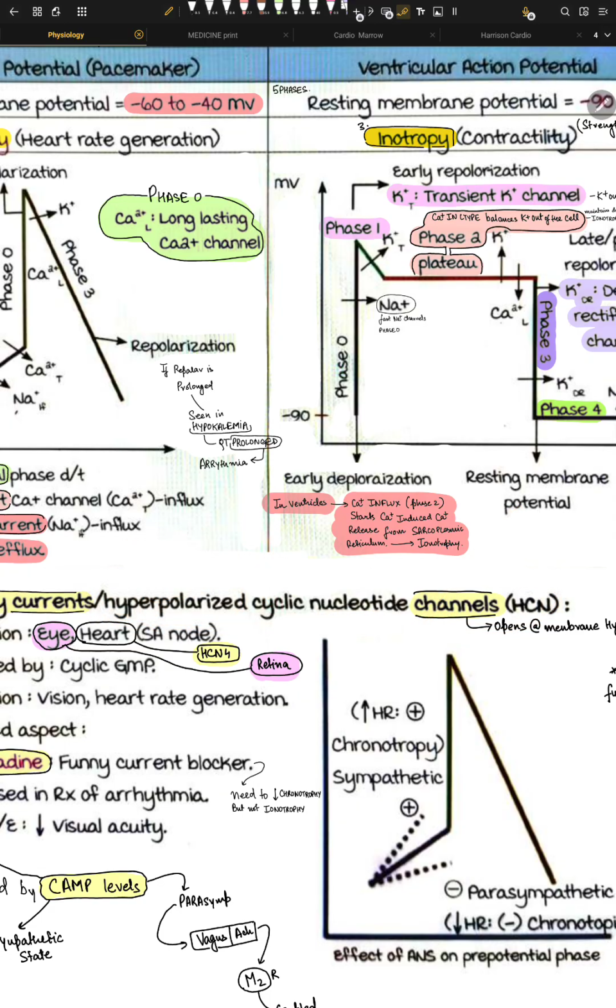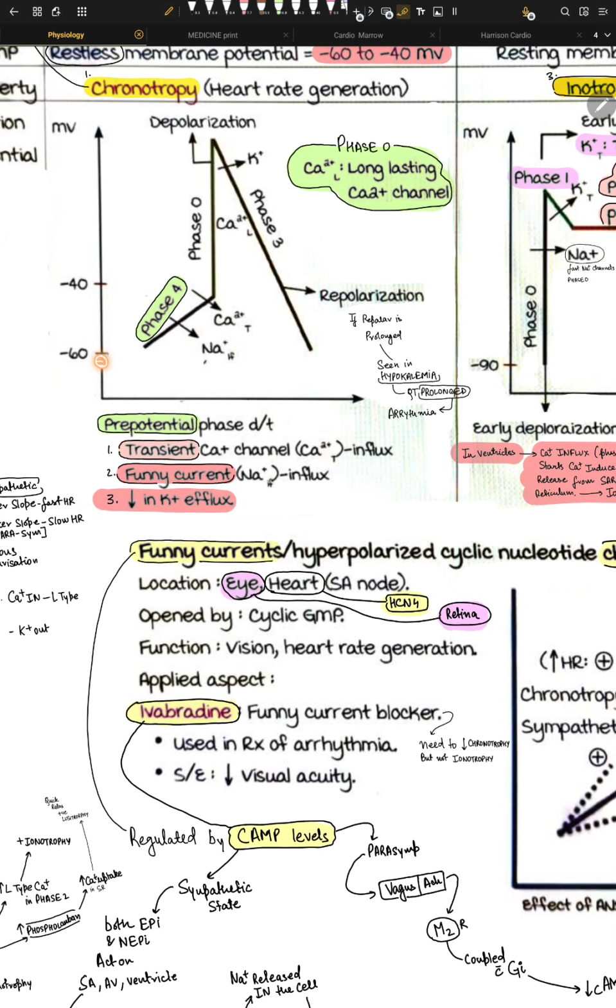We know sodium is positively charged, so it influences the resting membrane potential of these SA nodal cells. From minus 60, there's a little jump towards minus 40, maybe minus 50 or so, okay?